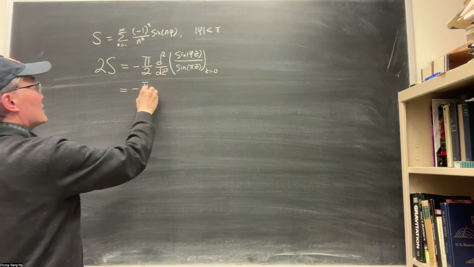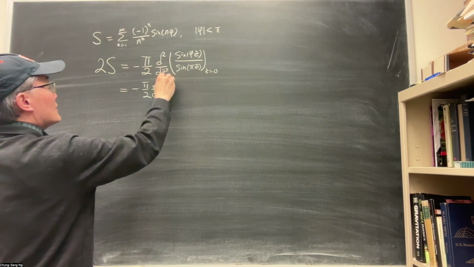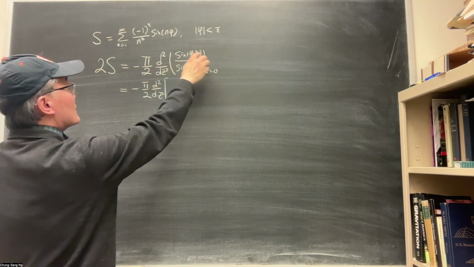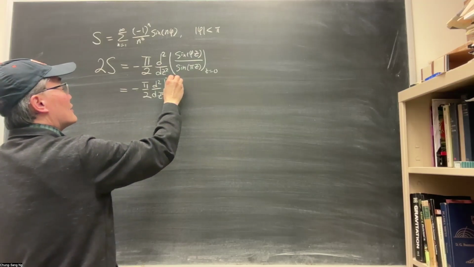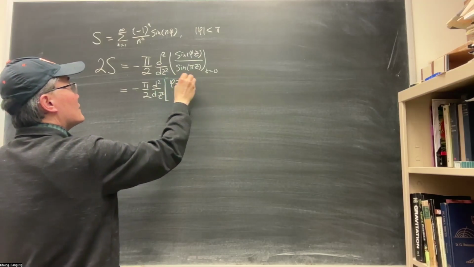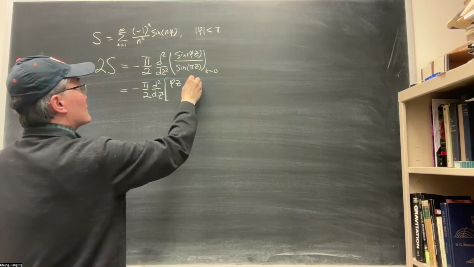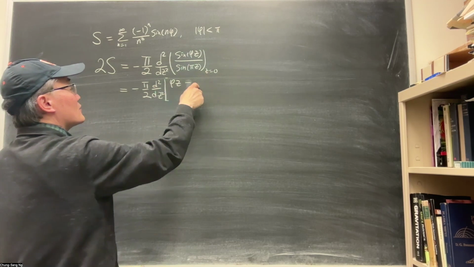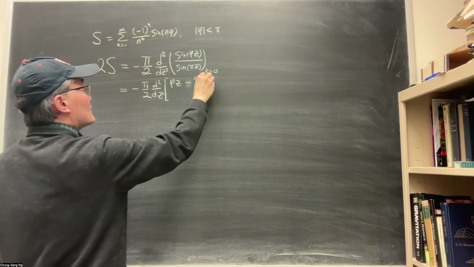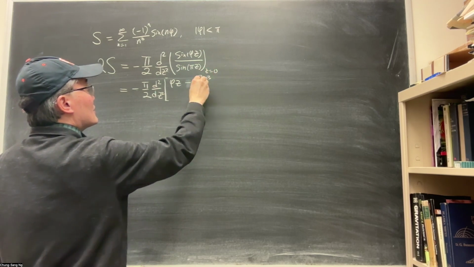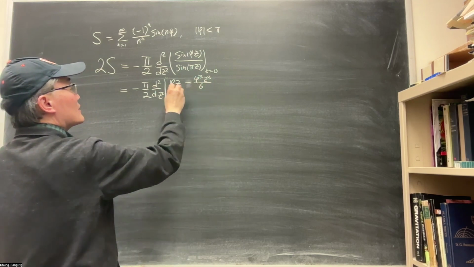So the numerator is just the Taylor expansion of sine: pi z, minus the linear term, and then the cubic term, pi cubed z cubed divided by 3 factorial, which is 6.